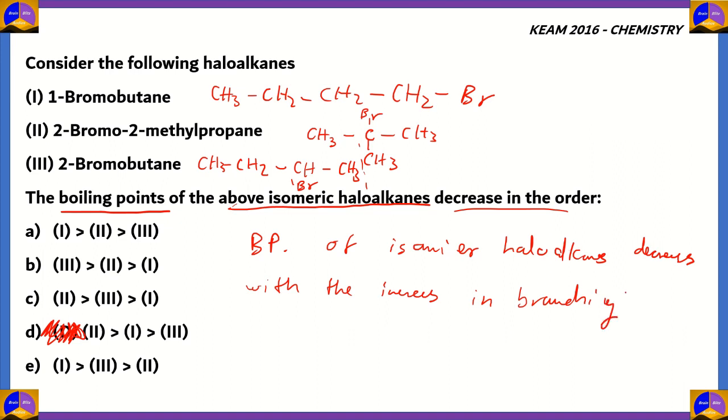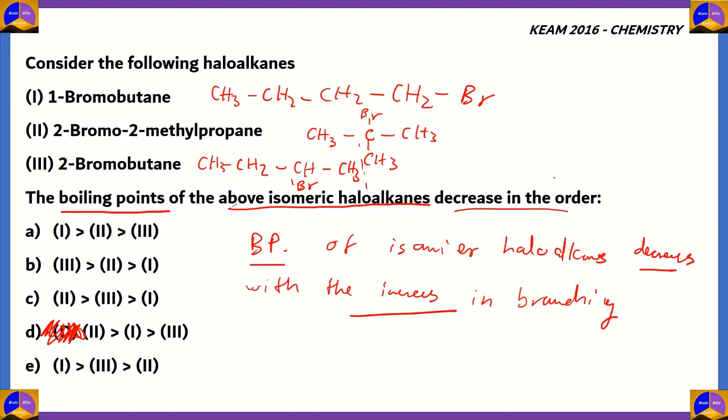When you have structural isomers, you have a straight chain and then you have branches to form a different structure. So as the branching goes from lower to higher, the boiling point goes from highest to lowest.